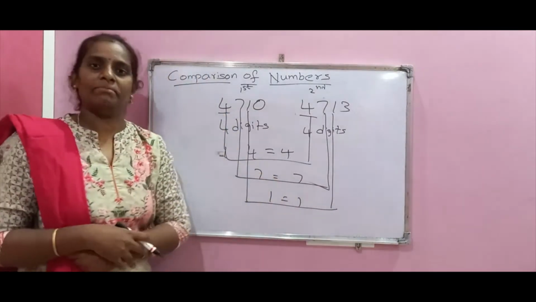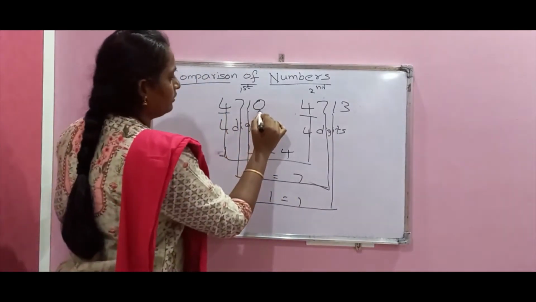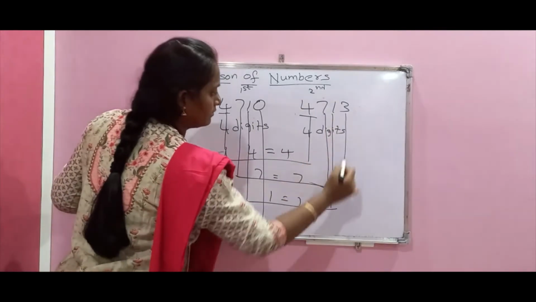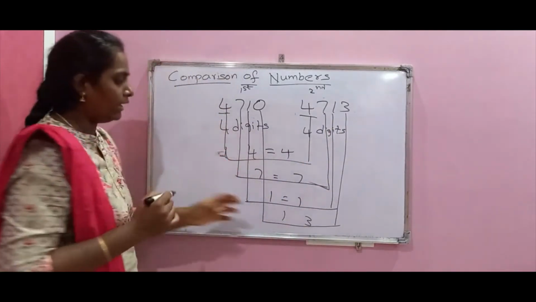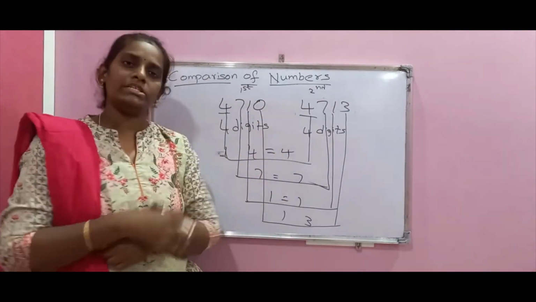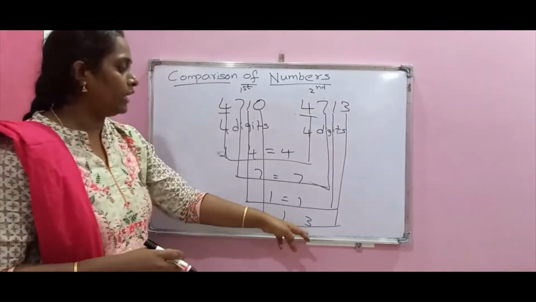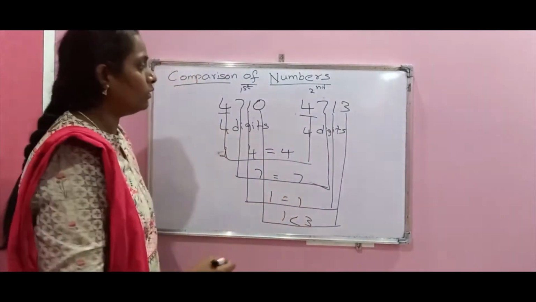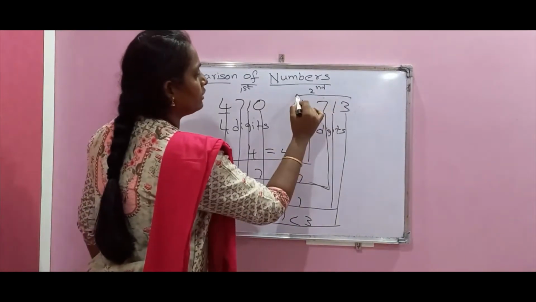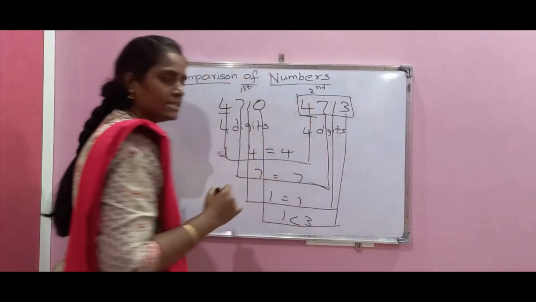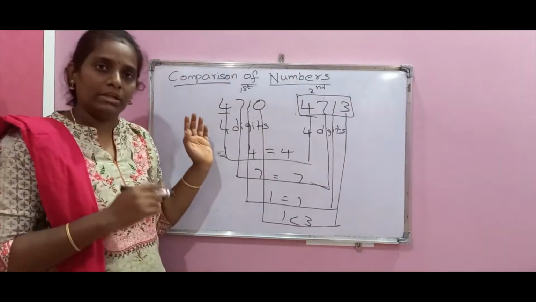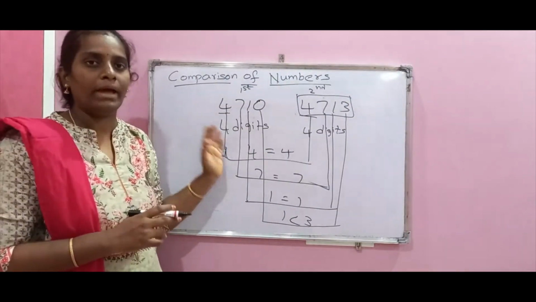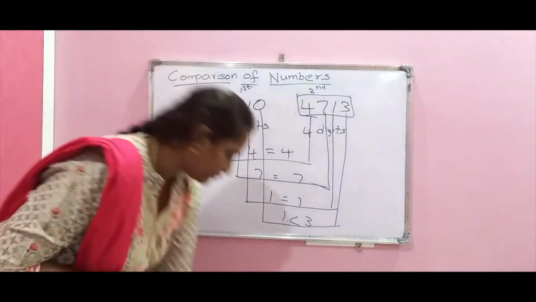Here also the same. Now go to the next digit. Here 1 and 3. Which is the biggest number of these two? 3 is the biggest number. So 4,713 is the biggest number. This is the comparison. Like this we have to compare the numbers.